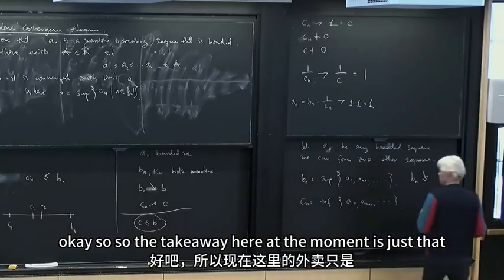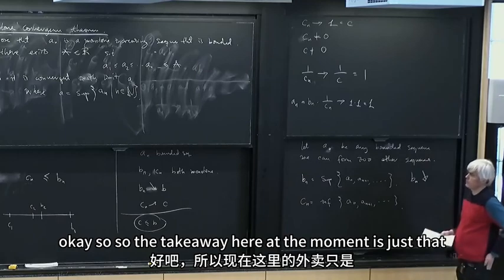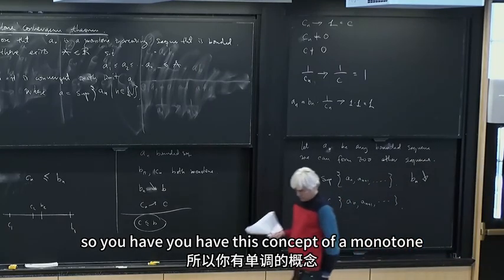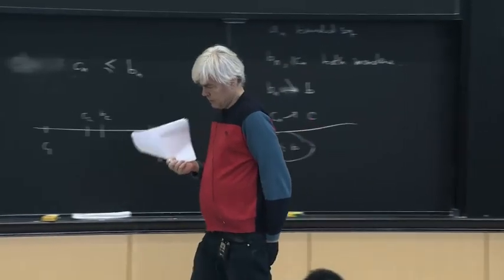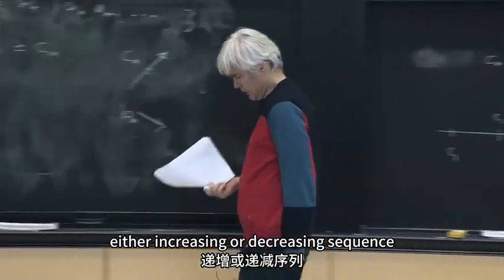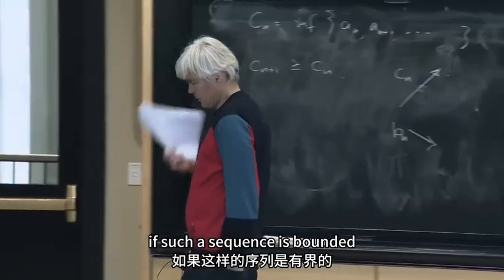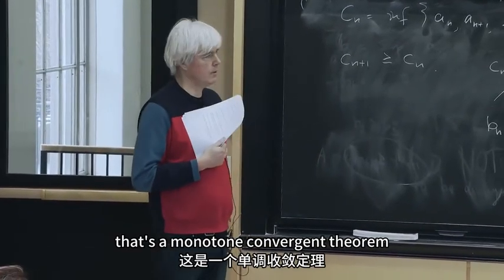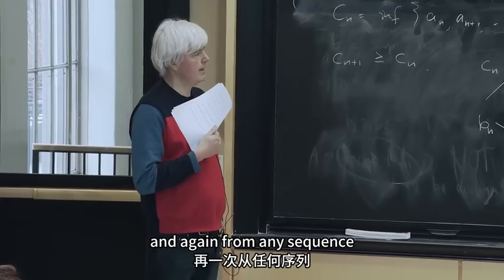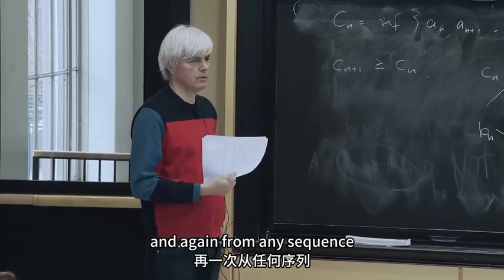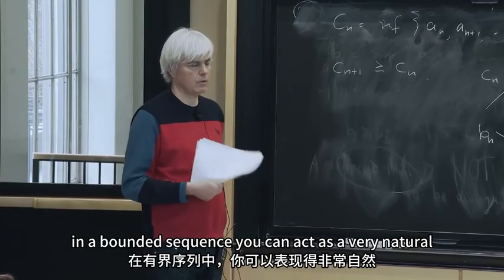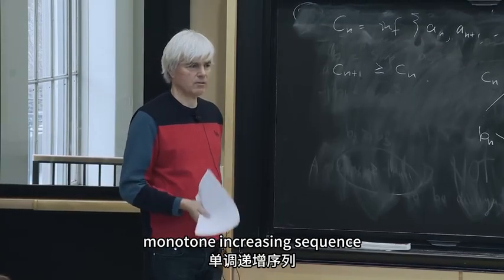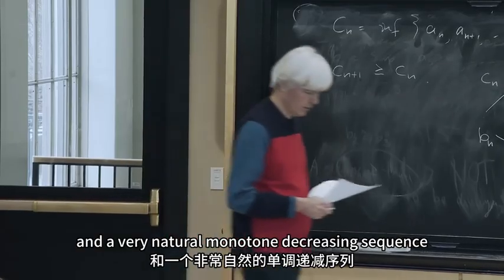Okay, so the takeaway at the moment is that you have this concept of a monotone, either increasing or decreasing, sequence. If such a sequence is bounded, then it's convergent. That's the monotone convergence theorem. And again, from any bounded sequence, there's a very natural monotone increasing sequence and a very natural monotone decreasing sequence.